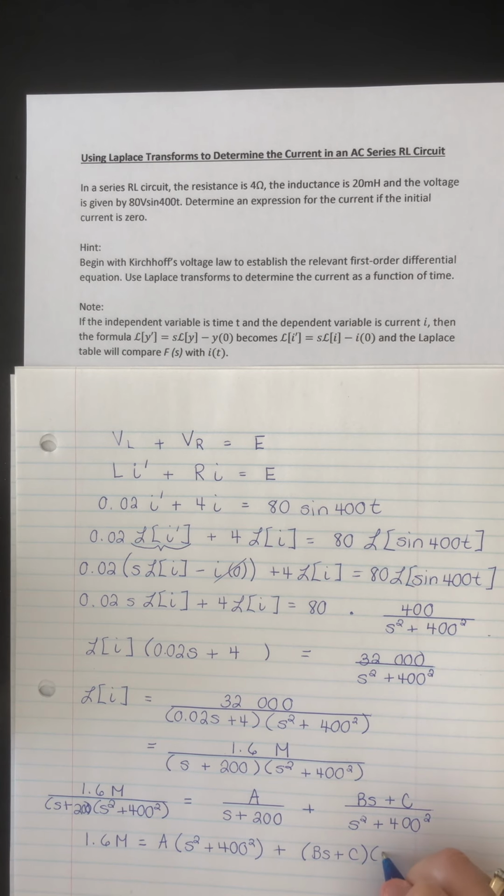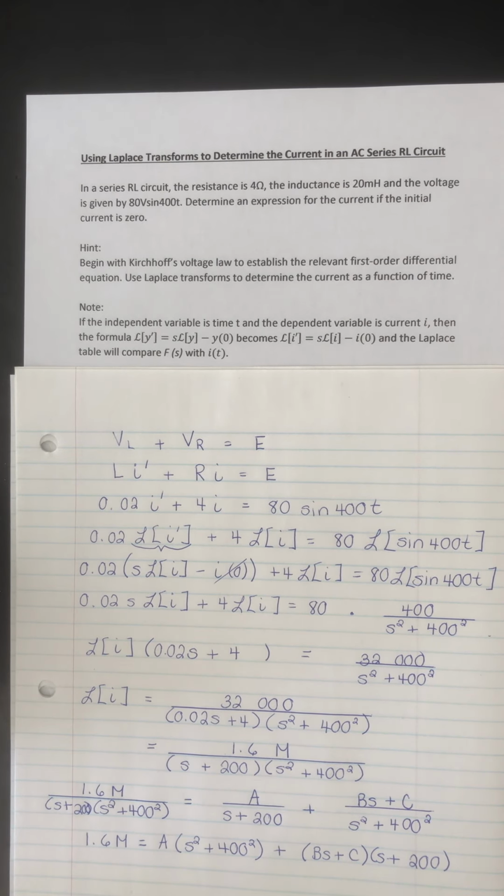It is multiplied by s plus 200. And our job now, of course, is to solve for the values of a, b, and c. Do we have any roots we can use? The only root is s equals negative 200. So we begin with that.